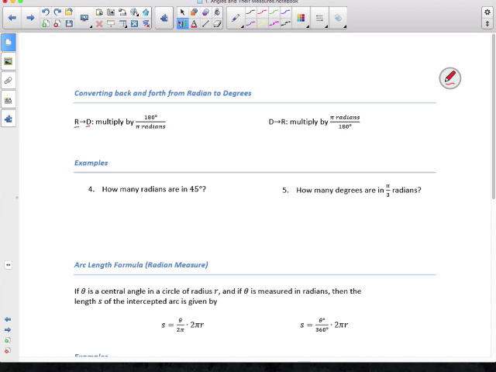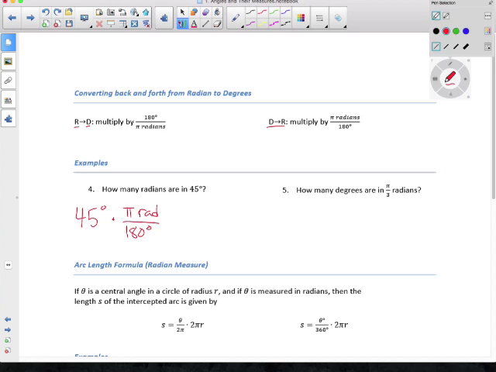So same idea. And then if we're going from degrees to radians, that's what's over here, we do pi radians over 180 degrees. And I'll explain why that works in these two examples real quick. So if I have, how many radians are in 45 degrees? What I want to do is cancel out the units of the degrees and introduce radians. So I'm going to multiply this by pi radians and divide by 180 degrees.